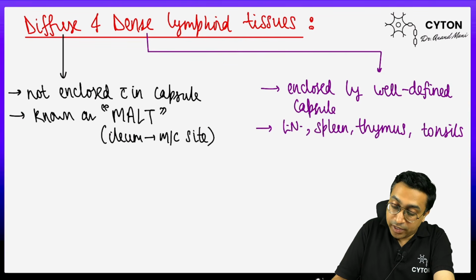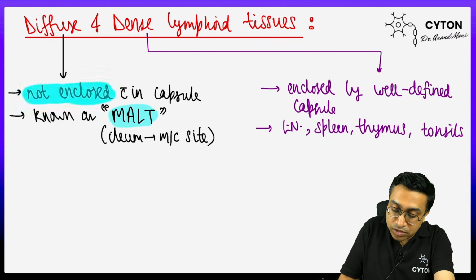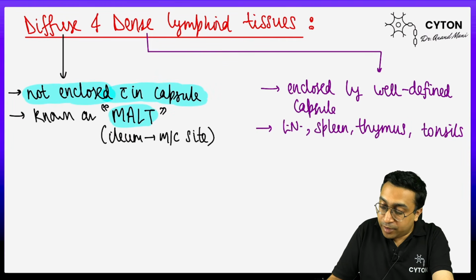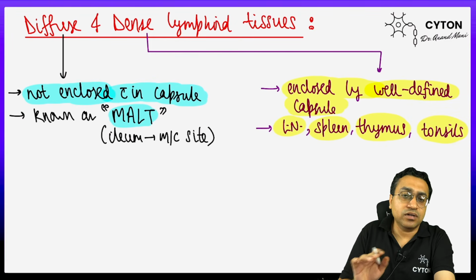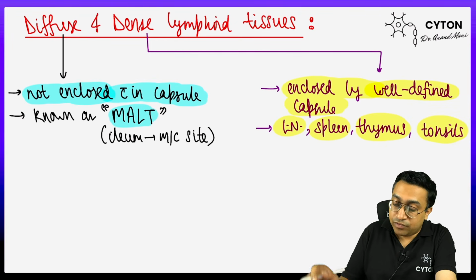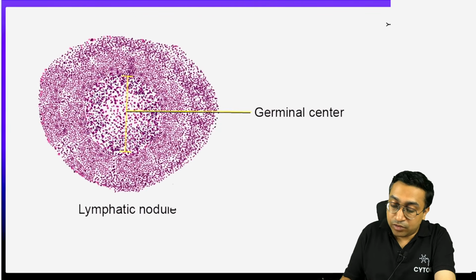I highlight them, that is a MALT, not enclosed within the capsule, compared to well defined capsule, enclosed by a capsule. You have lymph node, spleen, thymus, tonsil. These all are very important histological slides which you will read about in further classes.